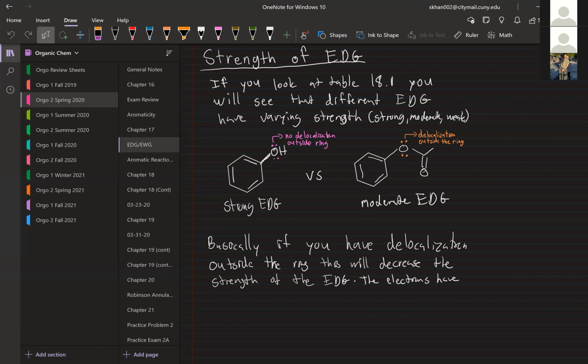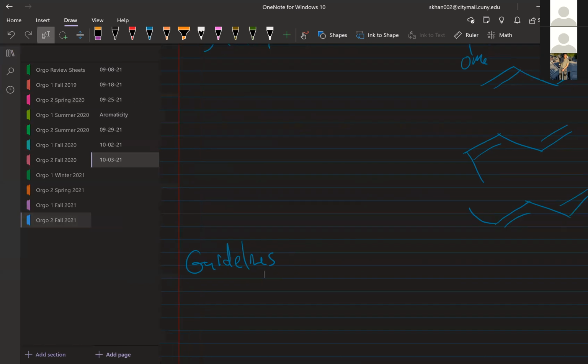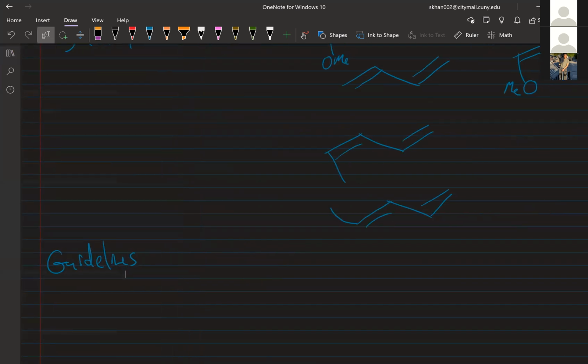But anything that has lone pairs, like oxygens, is donating. And alkyl groups are also electron donating. For the halogens, though, those are always electron withdrawing because of the electronegativity.